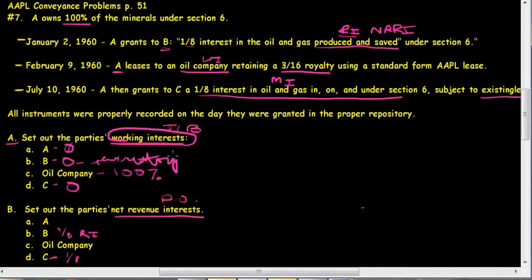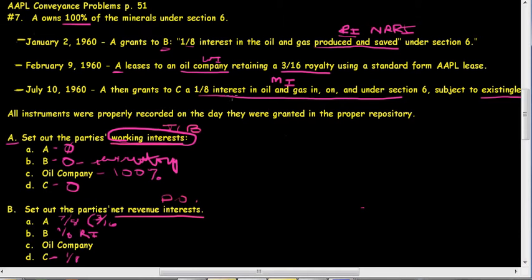Now, it's a little bit more complicated when we're talking about net revenue interest. So let's see how we do with this. First of all, we know that A owned 100% of the minerals, but she conveyed 1/8 of her minerals, and she kept the remaining 7/8. Then we know she leased to an oil and gas company with a 3/16 royalty interest.